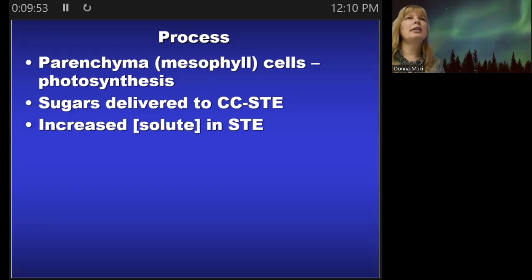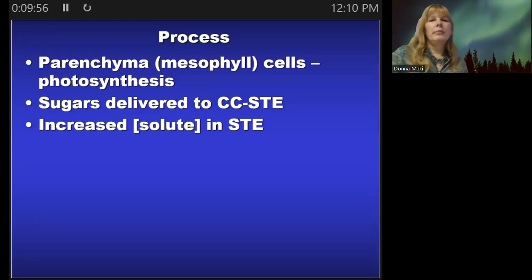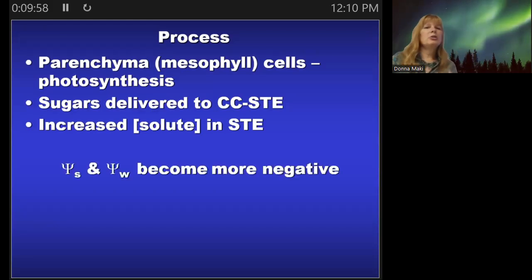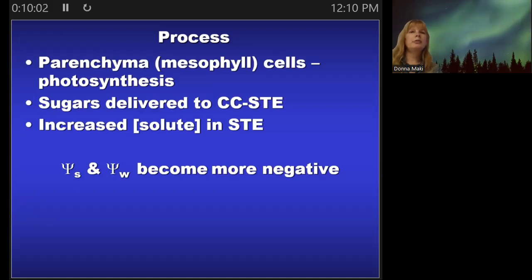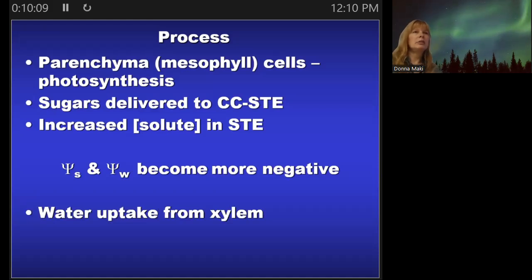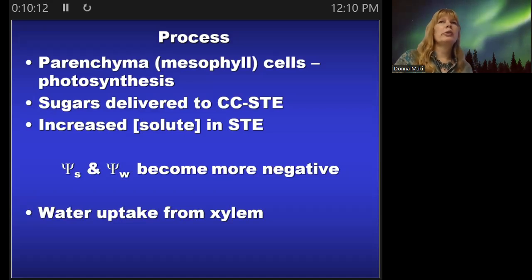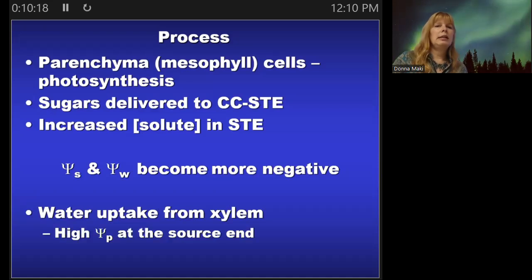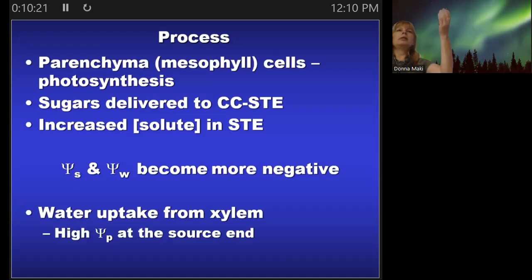So that's messing with your psi sub S. So your psi sub S becomes more negative, which drives your overall water potential more negative, which will then cause water uptake, typically from the xylem right next door, because that will be a less negative water potential over there to a more negative water potential in the sieve tube element. And that builds up your psi sub P. You get a nice hydrostatic positive pressure at the source now with that inrush of water.